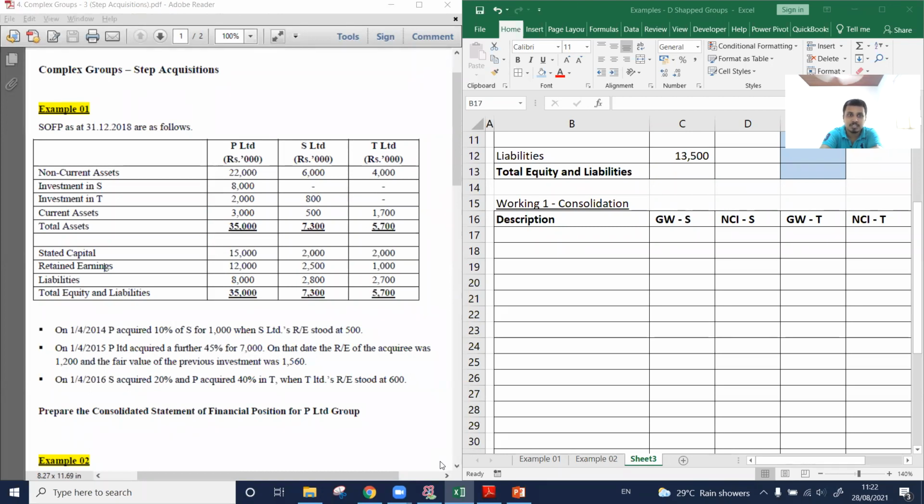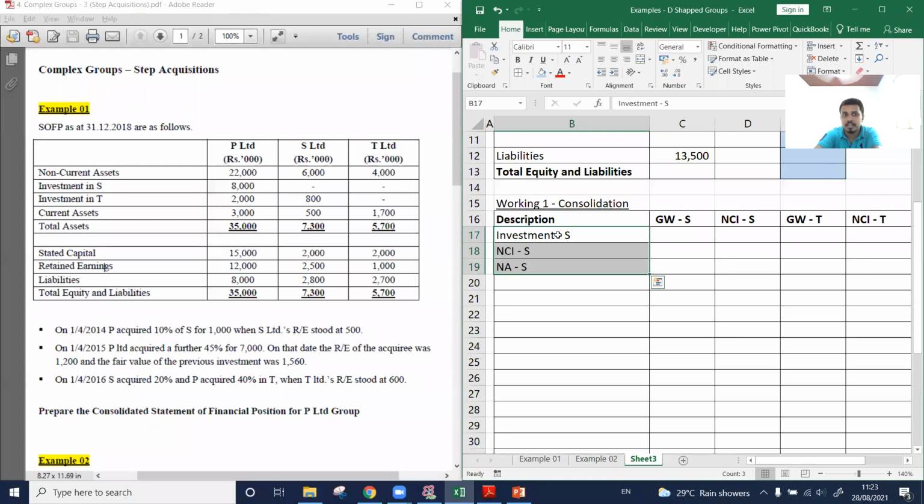But when it comes to step acquisitions, we need to be a bit careful in computing the goodwill. Investment in S plus NCI in S minus net assets in S. This is how we have computed so far.